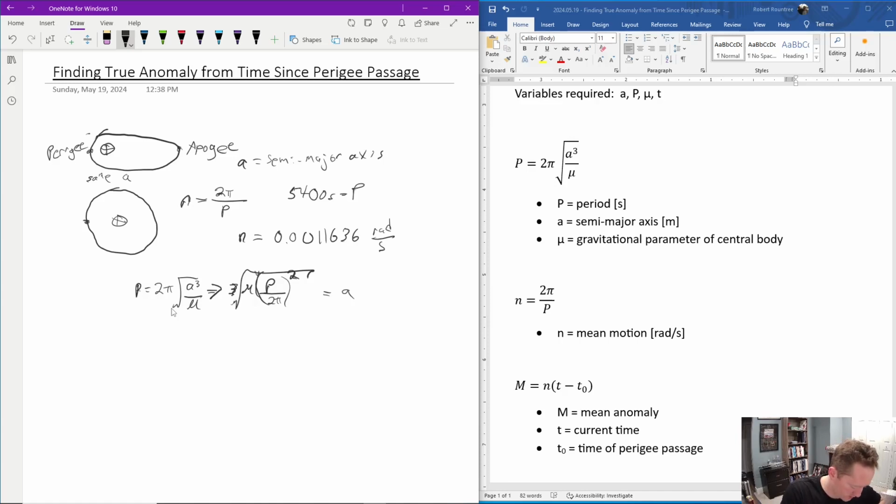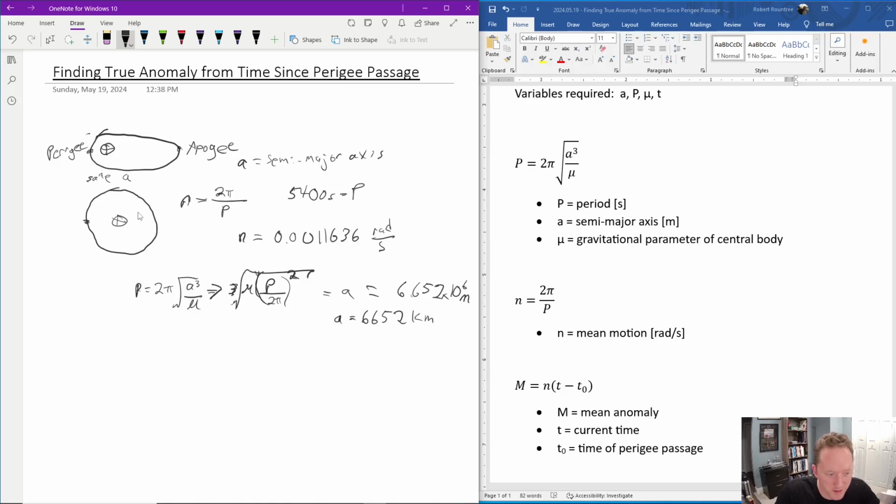We're going to go ahead and take the cube root of that. That's going to give us A equal to 6.652 times 10 to the 6th meters, or A equals 6,652 kilometers.